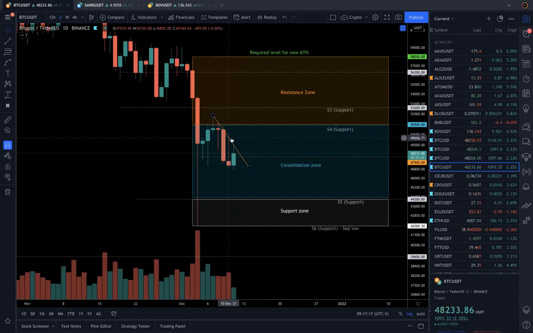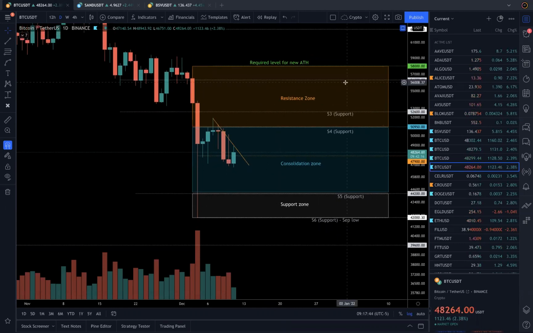We are expecting the price to move sideways within this consolidation zone, and if there is a positive bounce from here, it will enter the resistance zone. The time spent in the resistance zone is very little compared to the consolidation zone. There will be some challenges near S3 and ultimately S2, but I don't think the challenges will be that much.